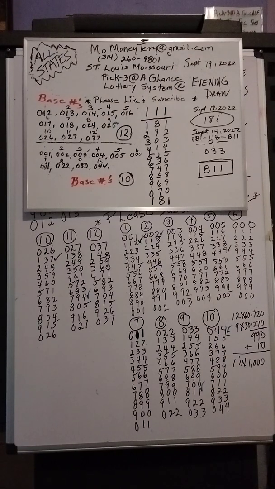Alrighty, what we have today is September the 19th, 2022. This is going to be my tutorial video that explains how to use the Pick 3 at a Glance system. I call this system my Picasso, my sheet. I call it my sheet for the Pick 3 also, because we have all 1,000 numbers at a glance that we can look at and track each and every day.